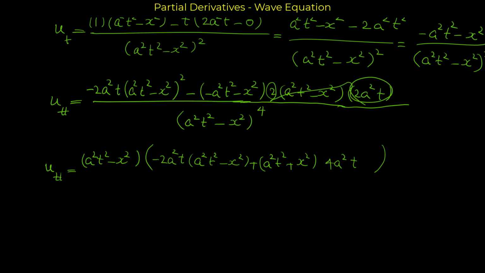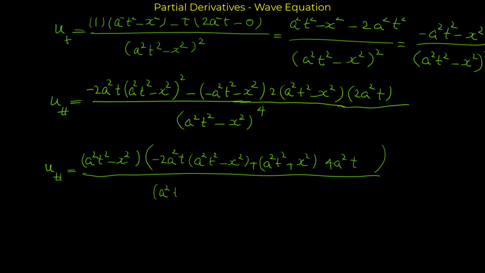This is what we get from the numerator, all over (a²t² minus x²) to the 4. One of these a²t² minus x² cancels with one a²t² minus x² from the denominator, and because I don't want to rewrite all of this again, I am going to erase this from here and make this power 3. So this is what we get for the second partial derivative of u with respect to t.